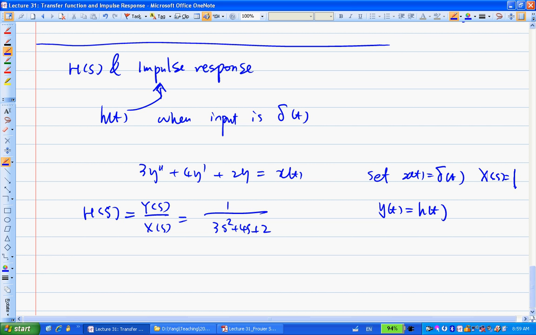If you look at the table, that's 1. Now I'm going to move back over here. Y(s) over X(s) equals this, which means Y(s) equals X(s) multiplied by this.